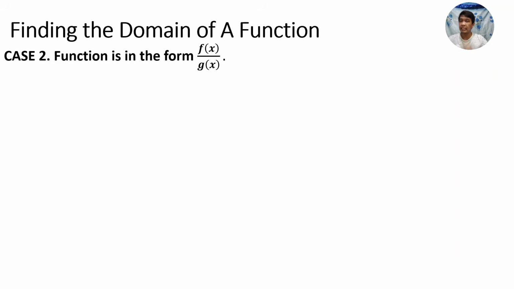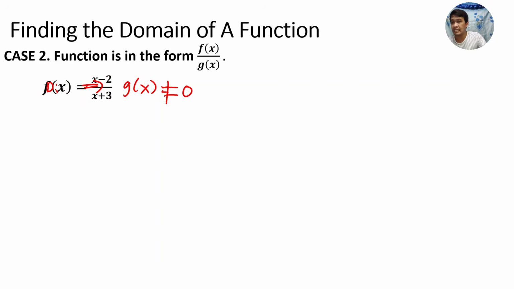Since we have a denominator, we do not want the denominator to be equal to 0. Therefore, to find the domain, g of x must not be equal to 0.